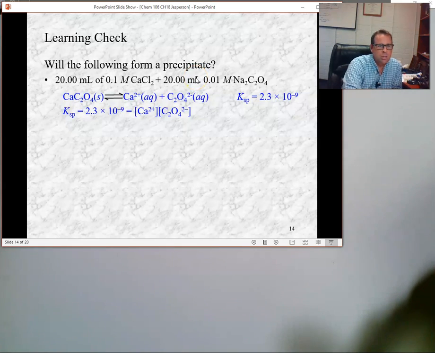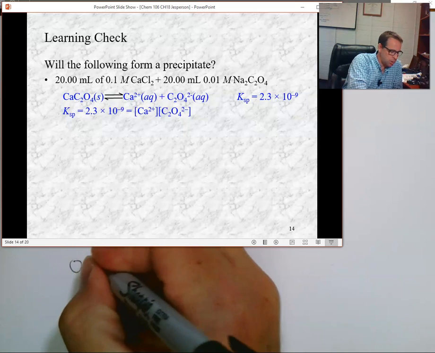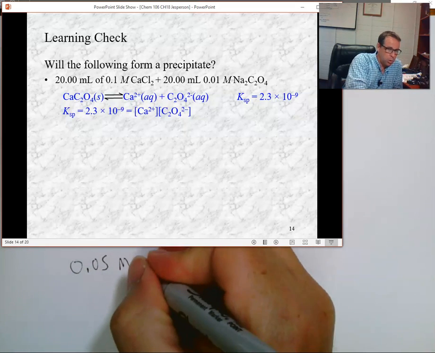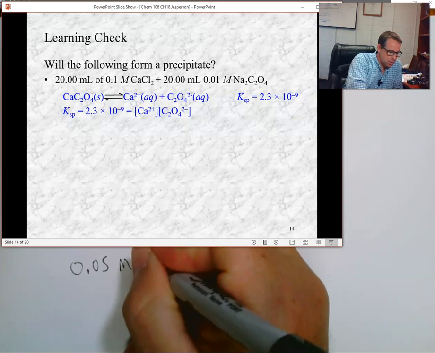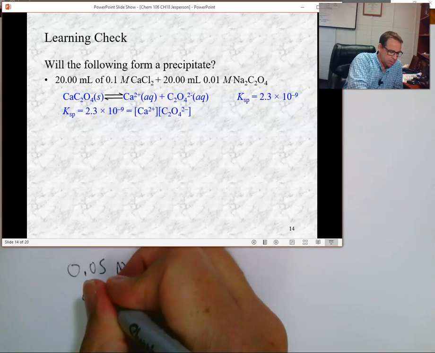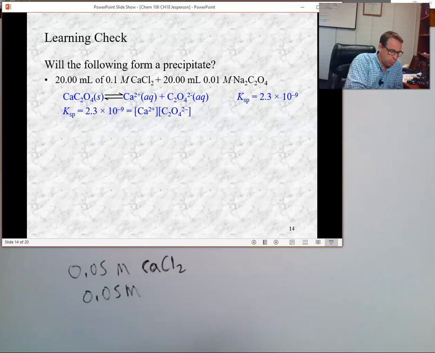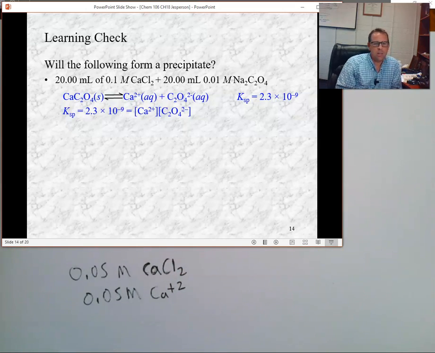So the final concentration of the calcium chloride is half of that, not 0.1, but 0.05 molar calcium chloride. Right? And this is a soluble compound, so that means that I'm going to have 0.05 molar calcium ion in solution. So that 0.05 molar is my concentration of calcium ion that goes into this component right here.